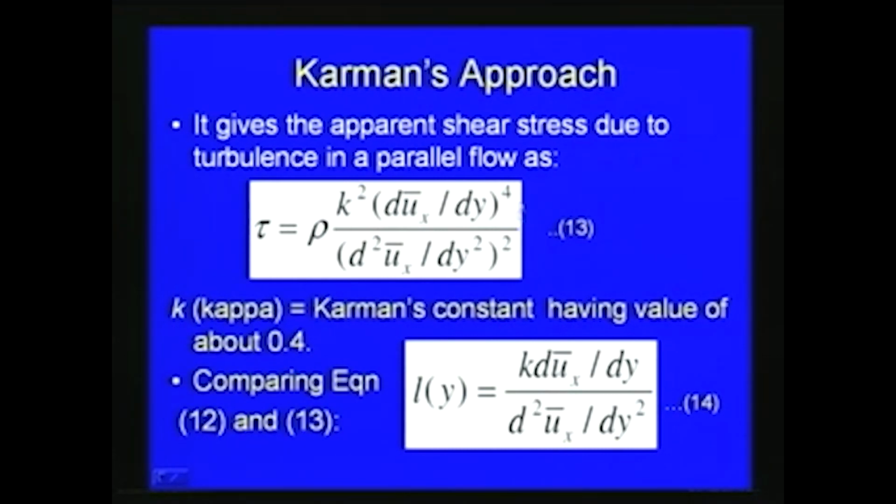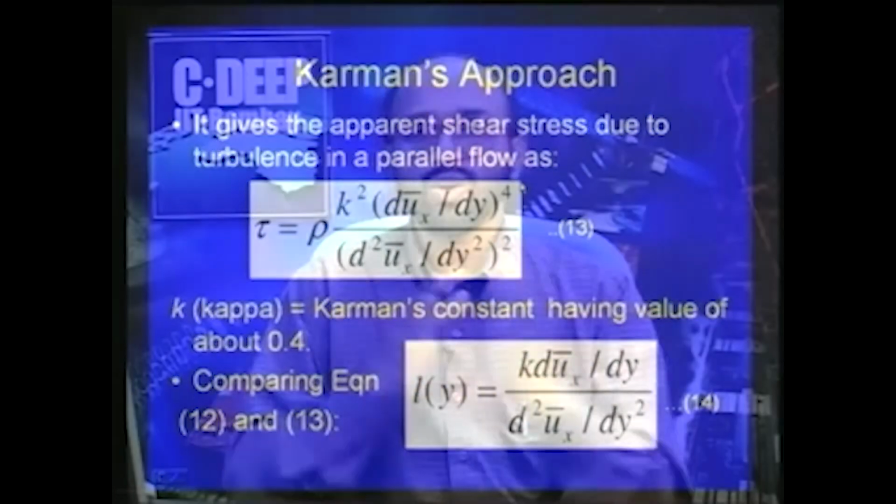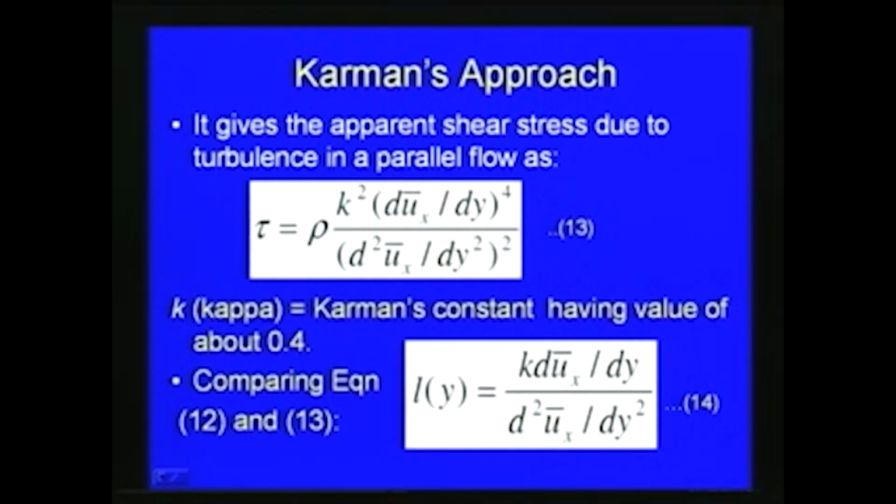Now, in comparison with the mixing length theory, with further experiments and observations, von Karman showed that the shear stress can be expressed as rho into kappa square (dux bar by dy) to the power 4 divided by (d square ux bar by dy square) all square, as shown in equation number 13.